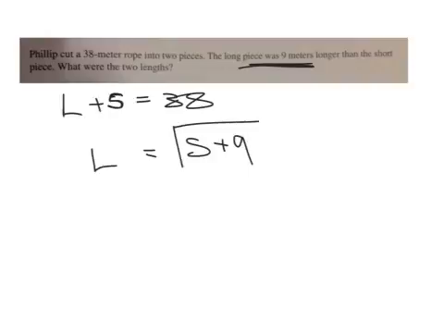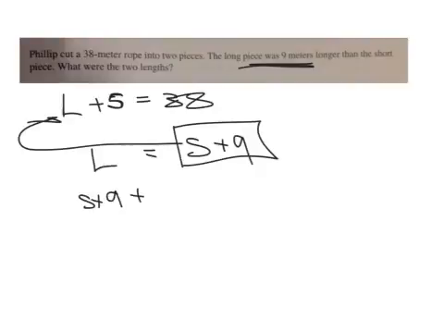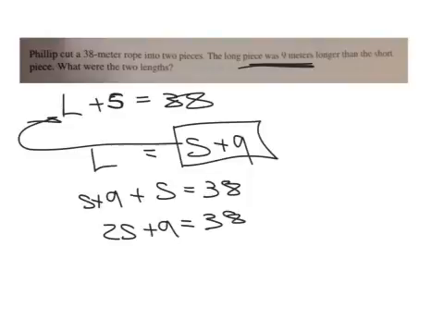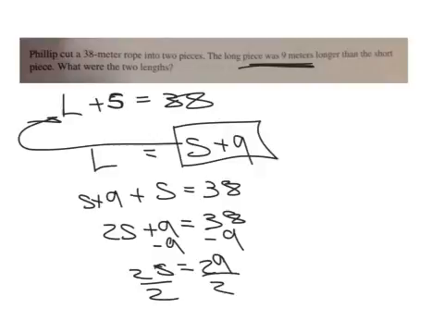So now, wherever we see an L, we're going to put that in its place. Remember, those are S's, not 5's. Add my S's together, and subtract 9. And I get 2S equals 29. Divide by 2, divide by 2.